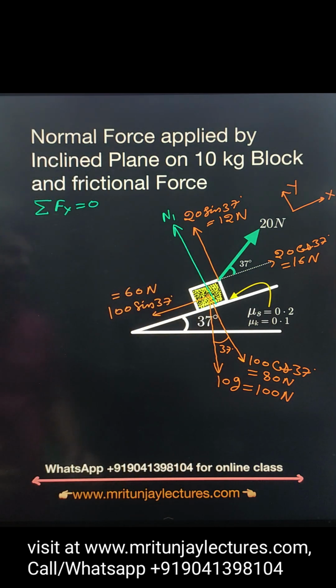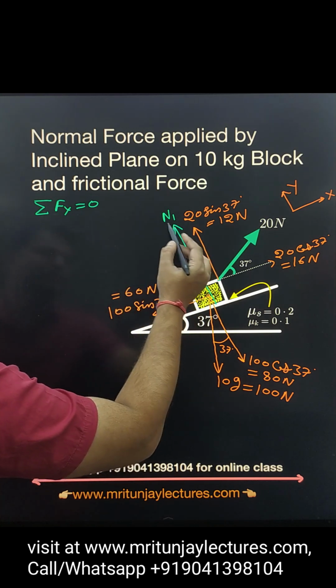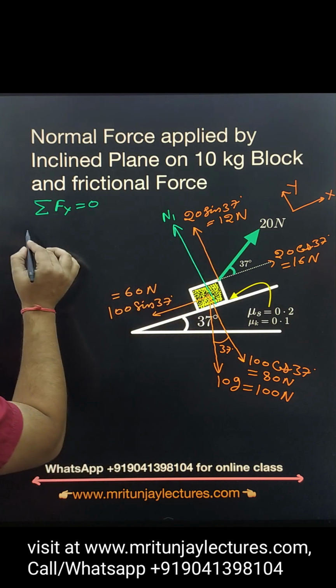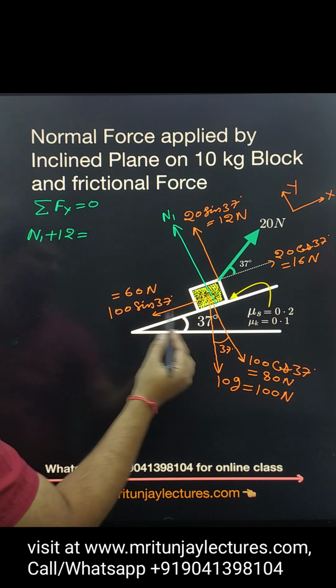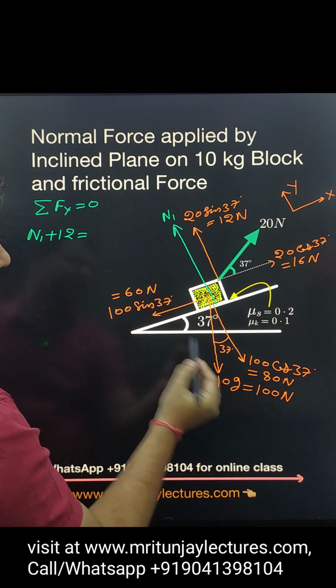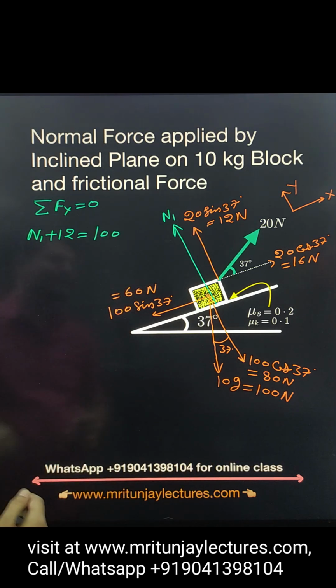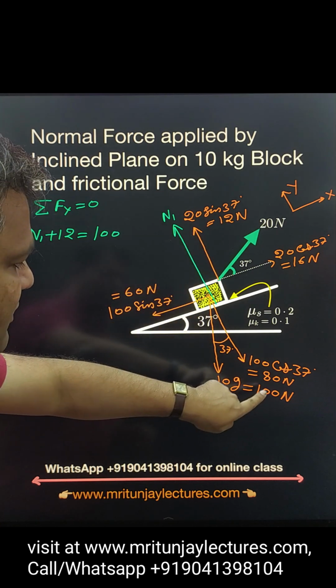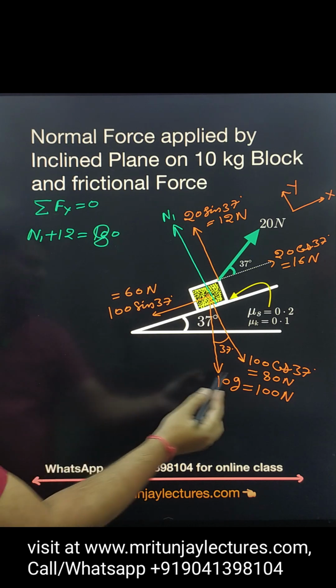Look here. Now, the net force in the capital Y direction is 0, so N1 plus 12 is equal to how much? Sorry, 80 Newton, not 100, 80. Silly mistake here.